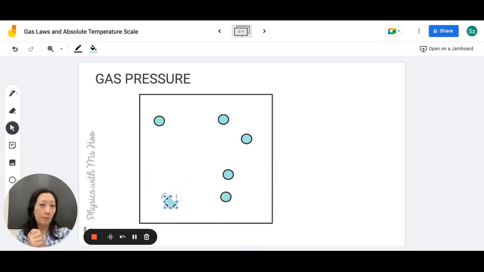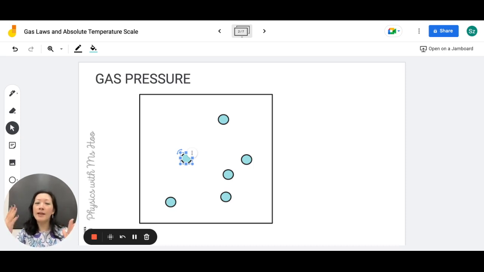Now, if you remember what you have learned about impulse and impulsive force, impulsive force is the force that's exerted during collisions, which means that every time these gas particles collide with the walls of the container, they're exerting an impulsive force. Now, if you didn't learn the term impulsive force, you should anyway have learned that it's a force.